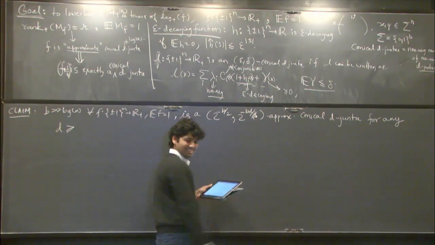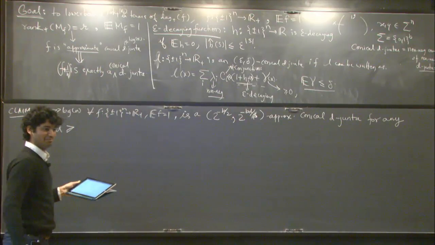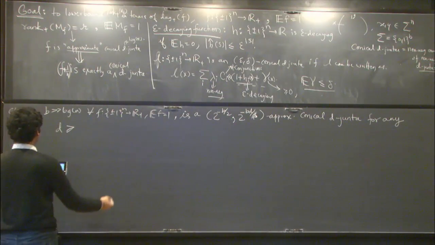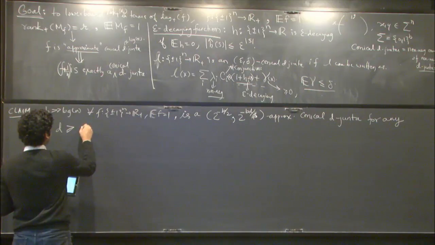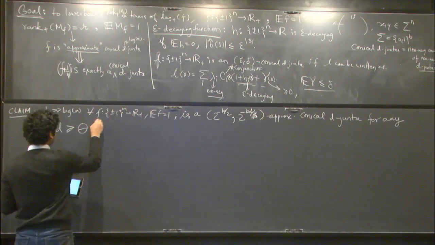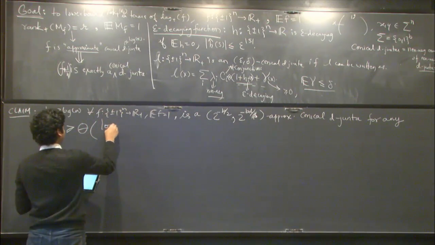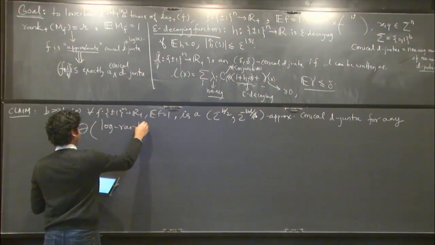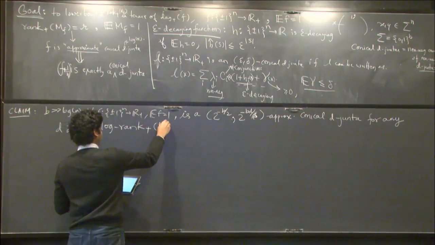Let's call it beta. My alpha looks like 2, so let's make it beta. And d is going to be like some log of the non-negative rank of M_f.